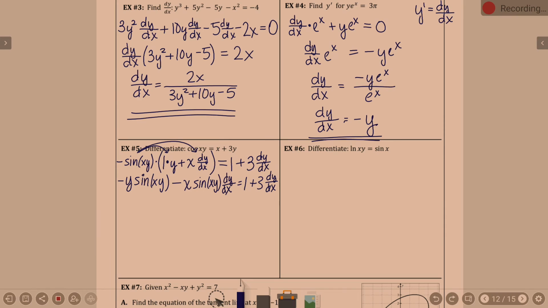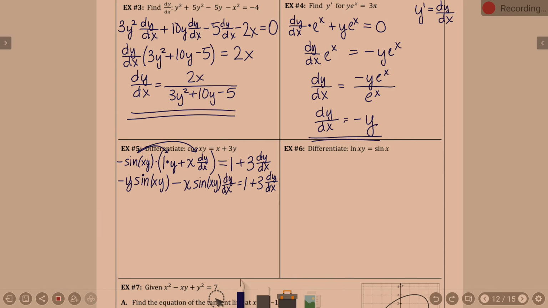I'm still working on getting all my dy dx terms on one side, non-dy dx terms on the other side. Can you add x sine xy dy dx and then subtract the 1? You could. Either way, we're going to have a couple of negatives, and it doesn't matter. I can talk about equivalent answers in the end.